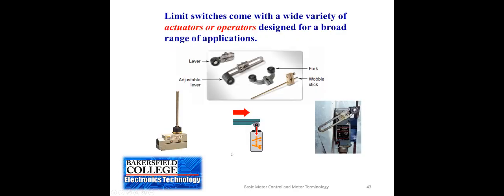We can get different actuators for limit switches, and sometimes we can actually change out the actuator or operator with a different type. And that essentially makes a limit switch a more universal replacement.